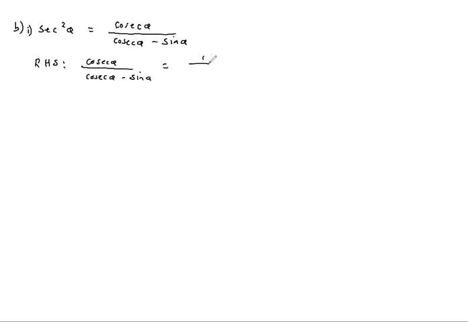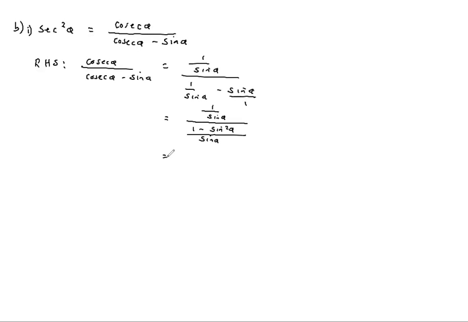So this is the same as what? Cosec is 1 over sine, minus sine. So you can put over 1 here. For the denominator, you get sine theta down, and then you have 1 minus sine squared theta, and then on top we have 1 minus sine theta.